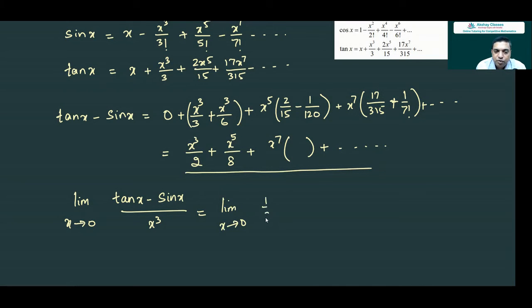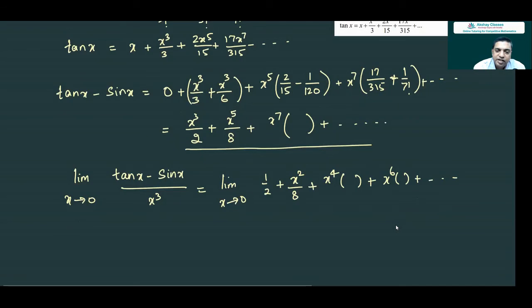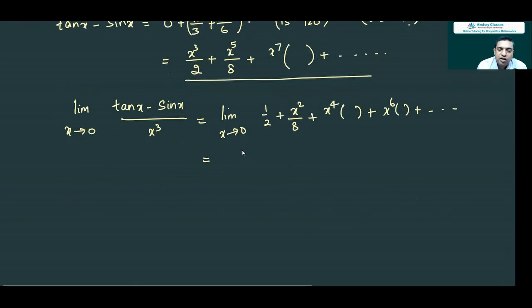Then we get 1 upon 2 plus x square by 8 plus x power 4 into some value plus the next is x power 9 by x power 6 into some value, something like that. Now as x tends to 0, all the terms other than half go to 0. So we are left with 1 by 2. That is the answer we got.